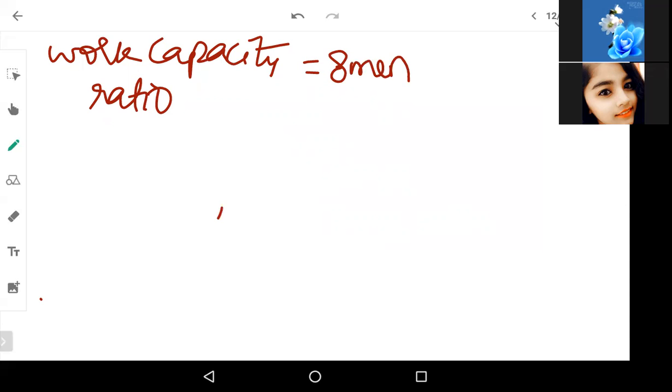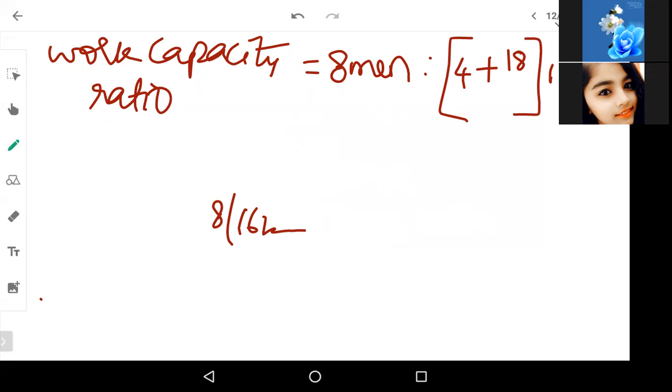It said 8 men or 16 boys. Correct? But in the second scenario, we have 4 men plus 18 boys.